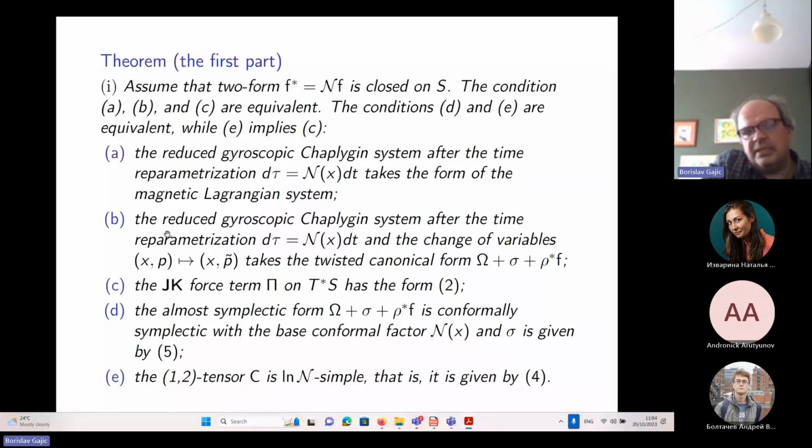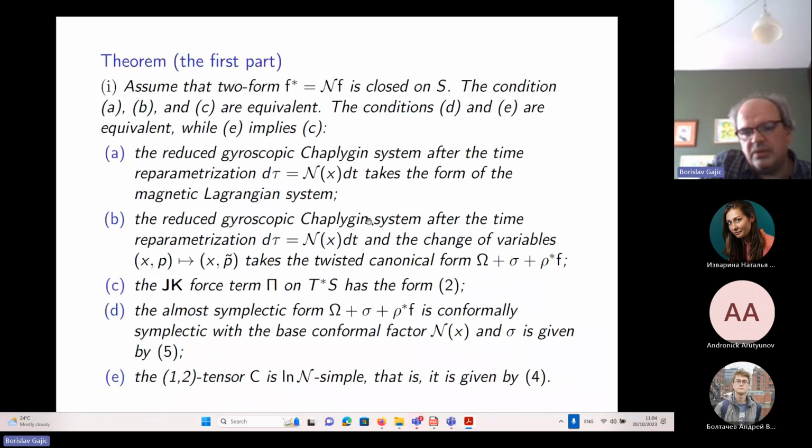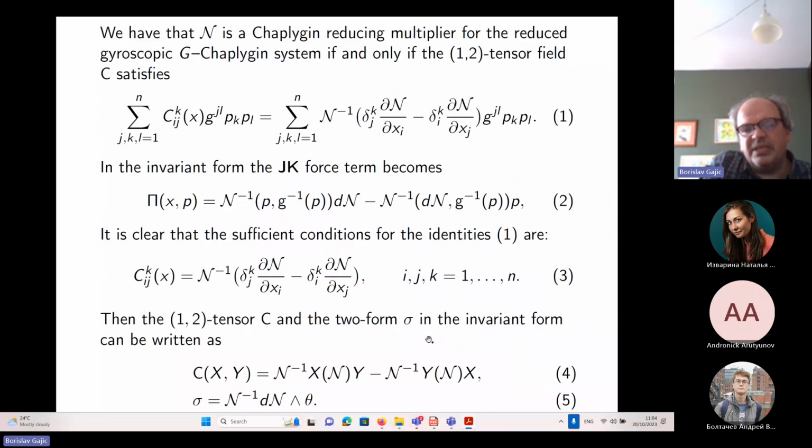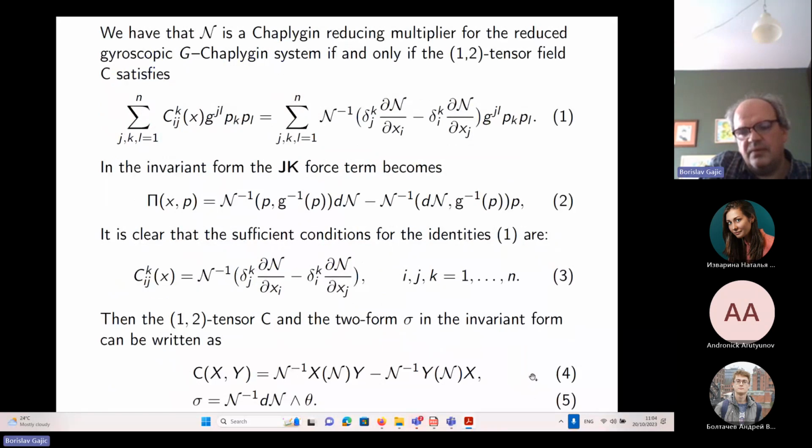This is equivalent to the reduced gyroscopic Chaplygin system, after time reparametrization and the change of variables, taking the Hamiltonian equation with respect to the twisted canonical form, and the P term on the cotangent bundle has this specific form too. And the almost symplectic form is conformally symplectic with the conformal factor n, a function on x, and sigma is given by 5. This is equivalent to C having this formula 4.